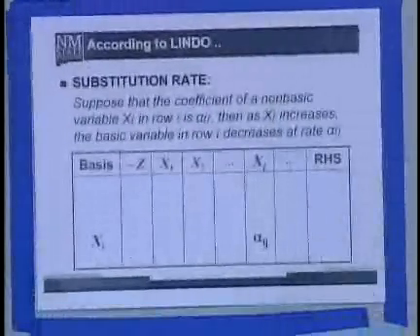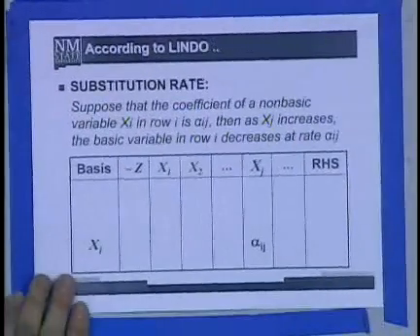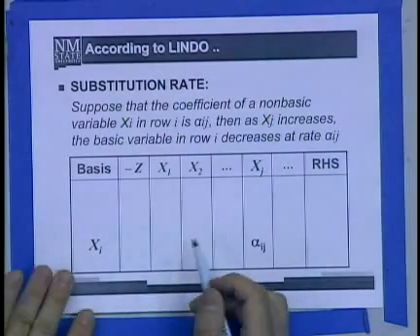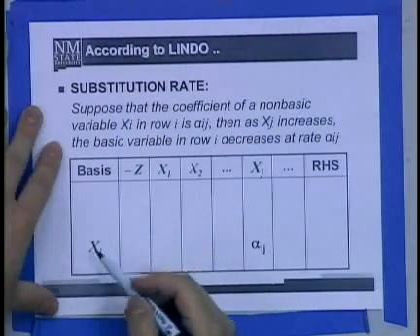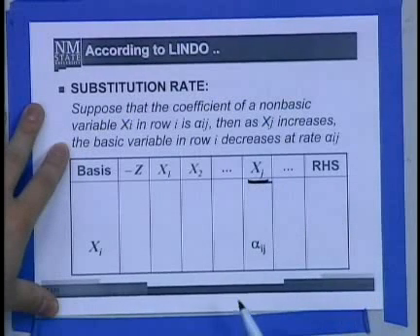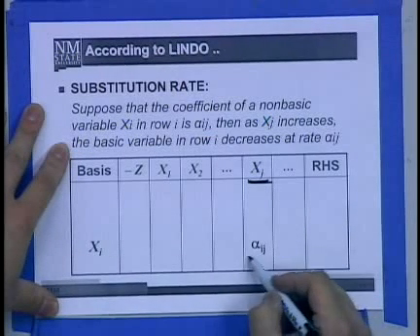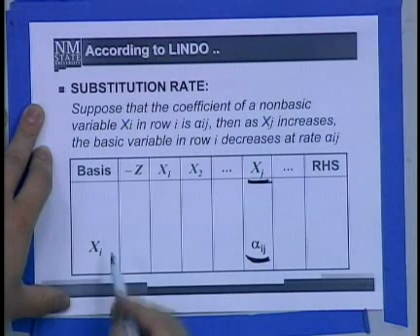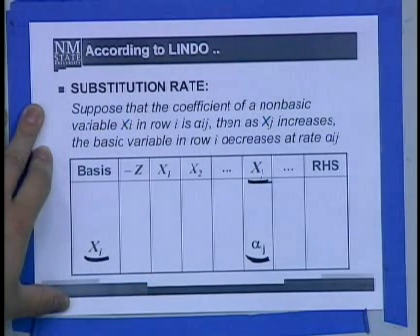And then you need to use the substitution rates. There is the final optimal table, right? Again, 1 unit of xj variable substitutes for alpha ij units of the basic variable x of i.